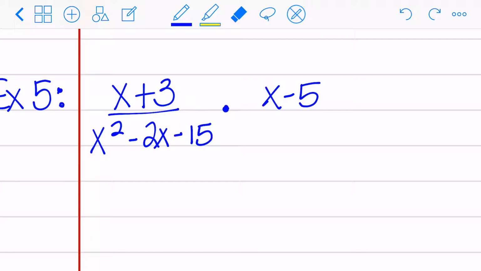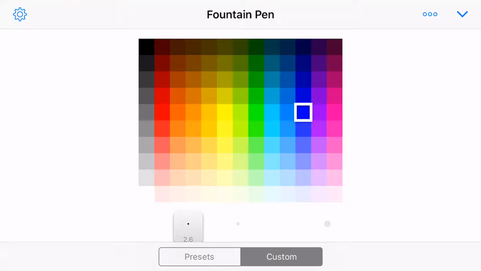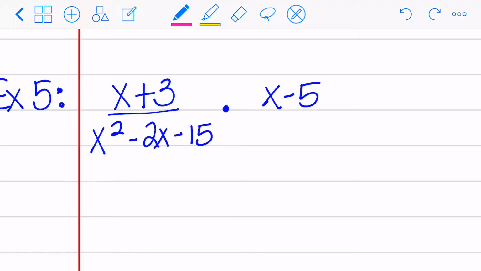Okay, so look at this one. Let's factor what we can. We can factor our first one right here, factors of 15 that are going to subtract. They're not always going to subtract, but these seem to be all subtracting to give us 15.